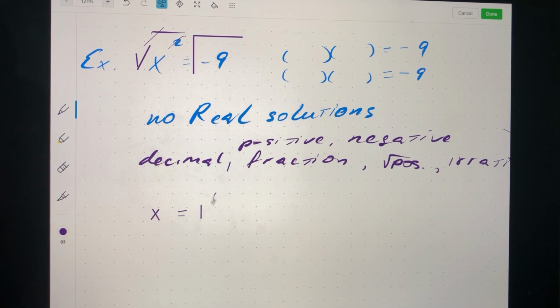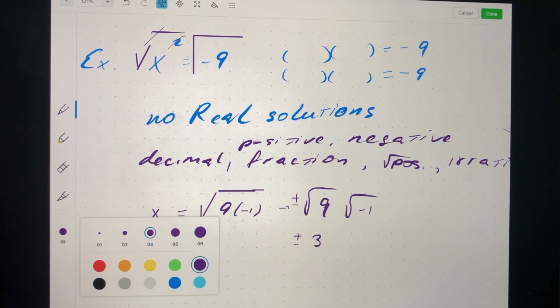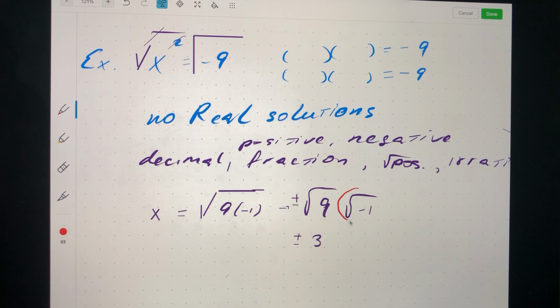On the other hand, what is the square root of negative 9? Well, that's the same as the square root of 9 times negative 1. And the 9 times negative 1 can be written separately. We do know what the square root of 9 is. We did it in the previous example, and we know that's 3. The only thing we don't know is what the square root of negative 1 is.